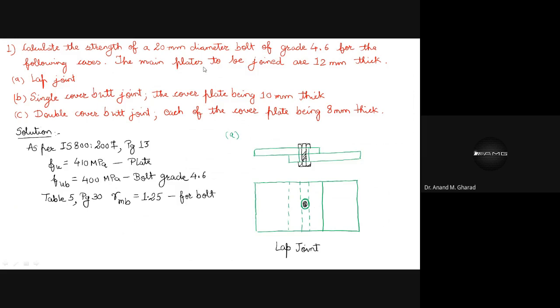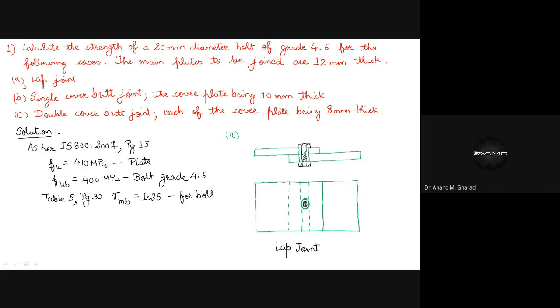So in this numerical, the thickness of the plates which are to be connected is given. And here, as you can read, there is a mention of a single bolt. Calculate the strength of a 20 diameter bolt. The grade is also mentioned, and there are different cases, different connections, based on which we are supposed to calculate the strength for each type of connection.